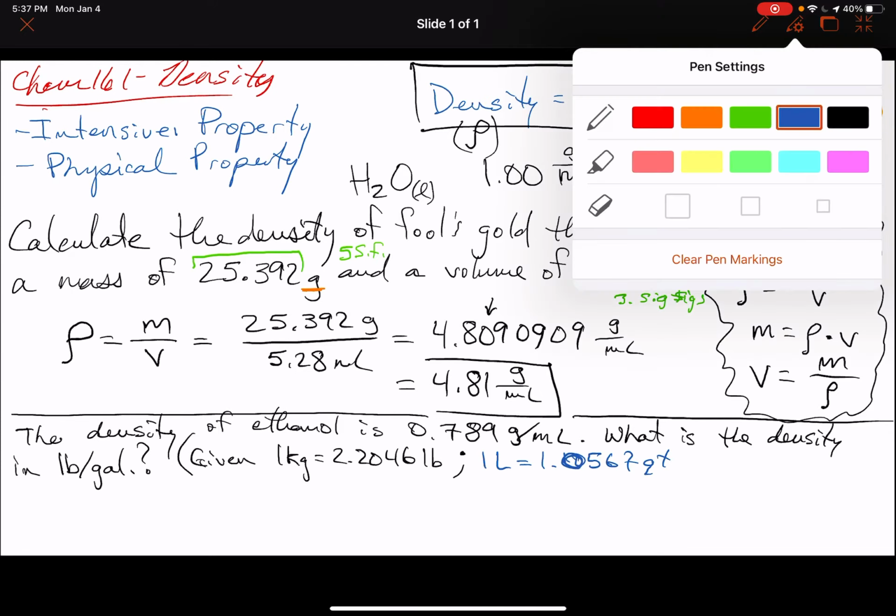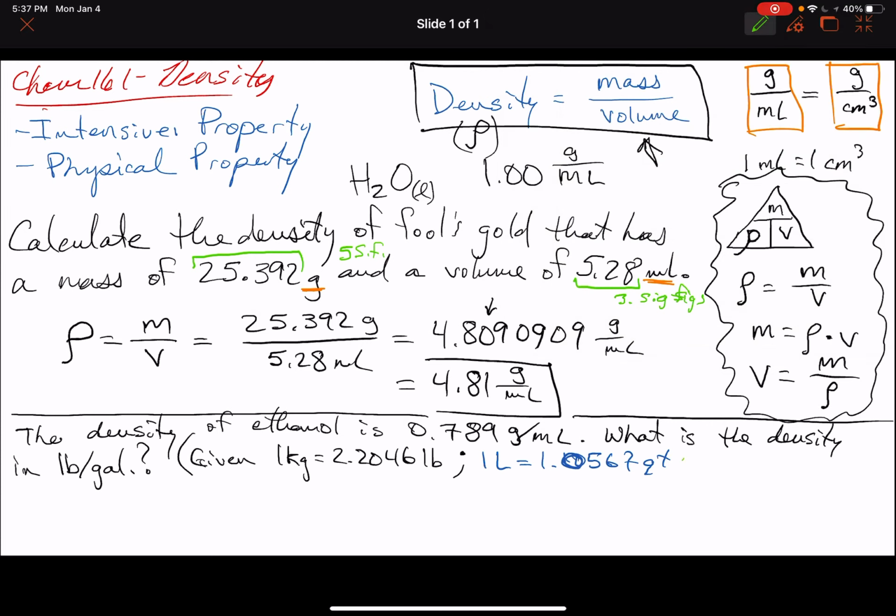And we also know that 1 gallon is equal to 4 quarts. Okay, so pause the video here and see if you can calculate the density of ethanol in different derived units using the given information here.